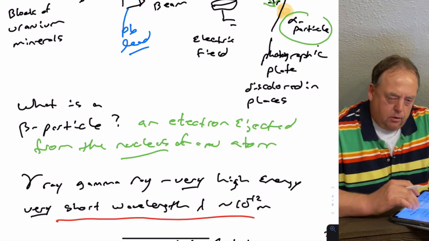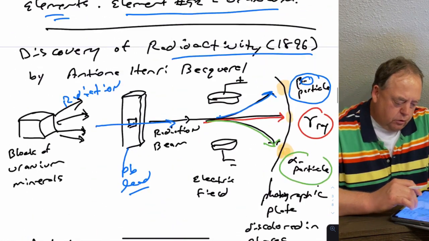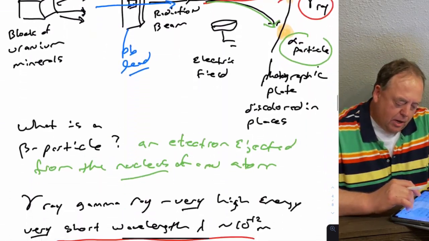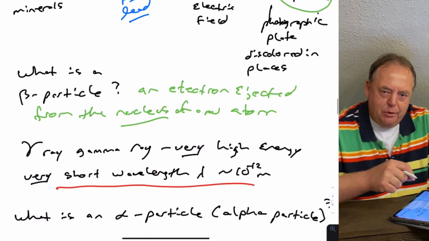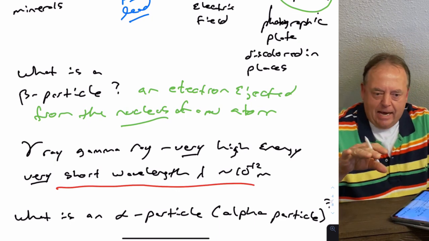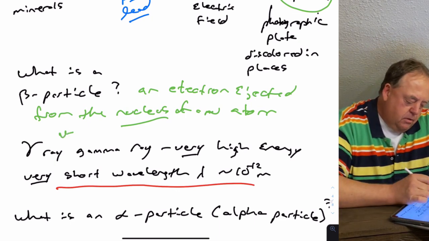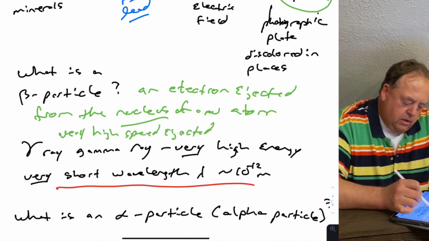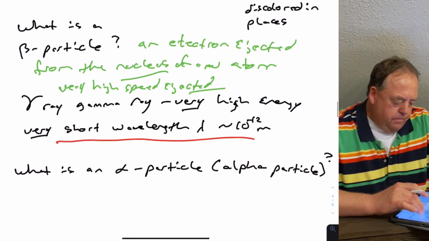Well, we'll talk about that a little bit later, because electrons, of course, are supposed to exist in electron clouds. But it is possible that an electron can be created in the nucleus of an atom and then ejected from the atom at a very high speed. And that's what's known as a beta particle.